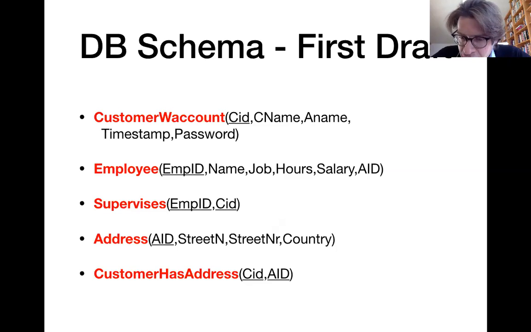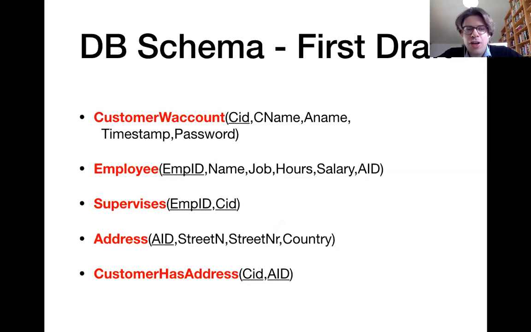And if one employee has multiple addresses, what would happen in that case? Here we have said that one employee has one primary address. So if we would have multiple addresses per employee, then that would be represented as a separate relationship.